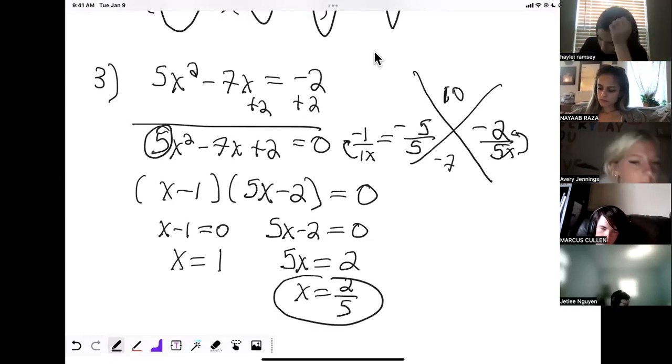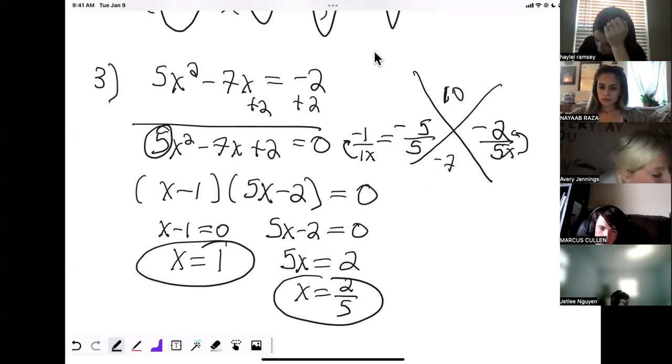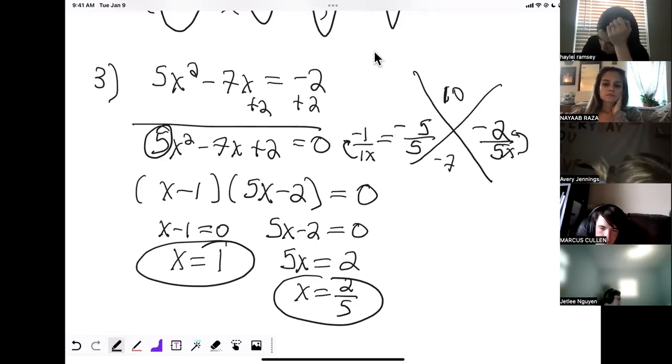And I get 2 solutions of 1 and 2/5. If you wanted to check it, you could plug it back in. Now I know 2/5 is doable, but you could use a calculator. You'll see that it works.